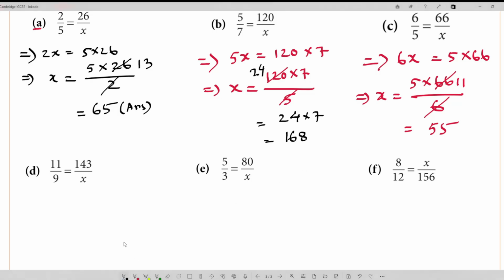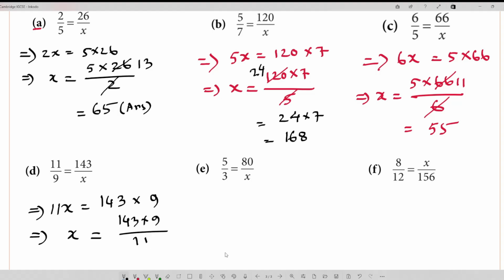What is the missing value? It means we will find x. So in this case, cross multiplication: 11 times x, 11x equals 143 times 9. So x equals 143 times 9 divided by 11.